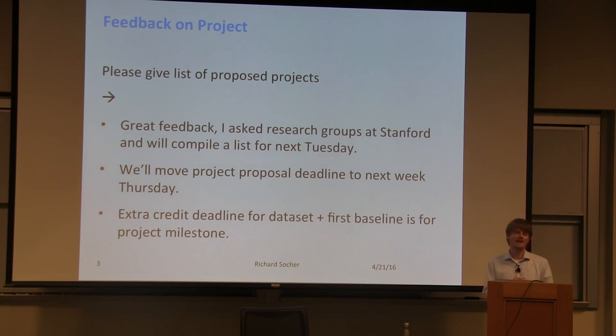Everybody who came to office hours and asked me, I gave some ideas, but I'll make that easier and basically compile a list and tell you. So in order for that to still have any useful impact, I'll move the proposal deadline to next week, Thursday, so today in a week, so that you have some time, and on Tuesday we can go over a list of potential projects for those of you who haven't had their own ideas yet.